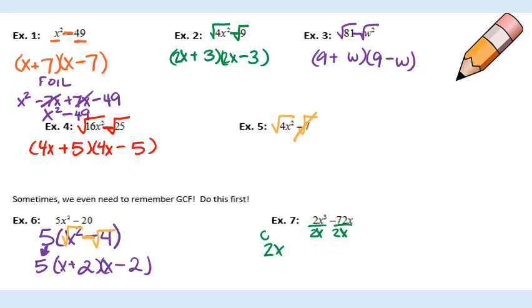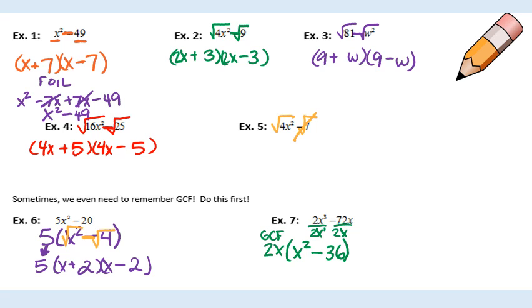My GCF is 2x. 2 divided by 2 is 1. X cubed divided by x to the first leaves me with an x squared. Bring down your sign. 72 divided by 2 is 36. X divided by x is 1, so we don't need to carry that down.